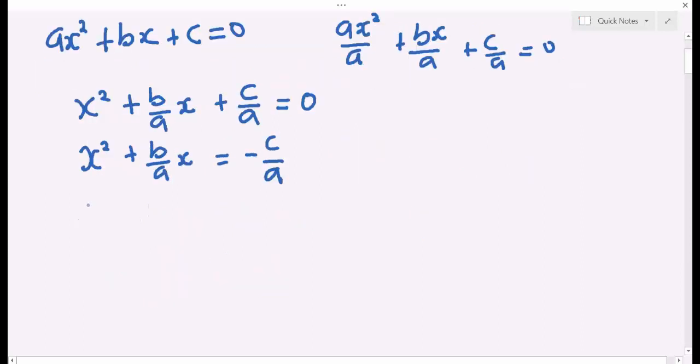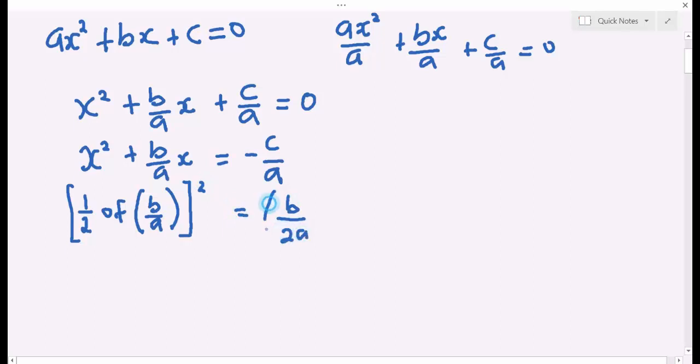So we have half of b over a, all squared. This will give us b over 2a squared. This is what we're going to add to both sides.